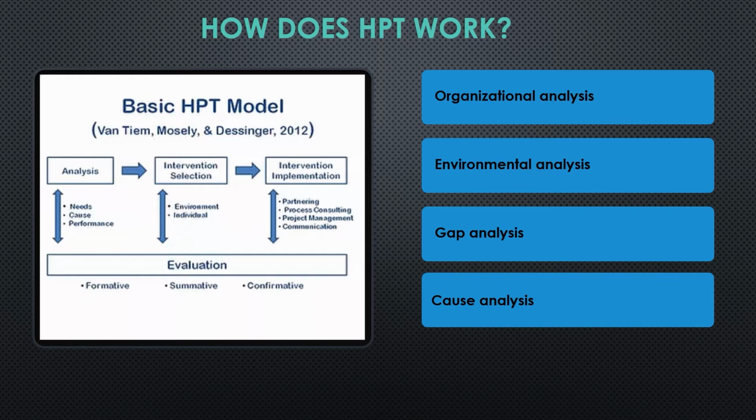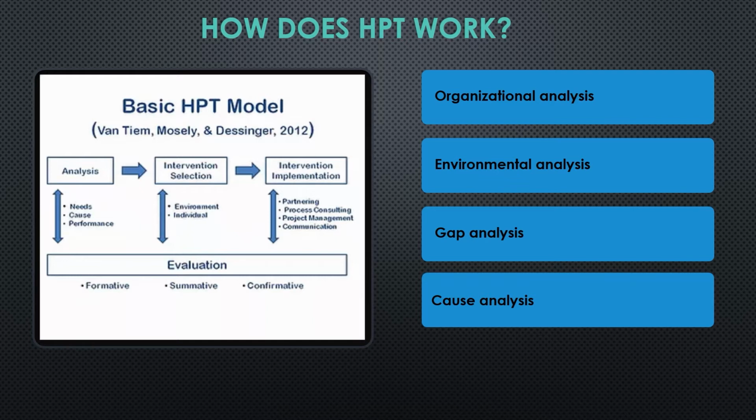Organizational analysis is an assessment of external elements that can influence an organization's performance. It's an evaluation of the organization's potential and resource base, as well as its strengths and weaknesses. Environmental analysis is an assessment of the inner workings of an organization. What is the organizational processes like? Is it efficient and effective?